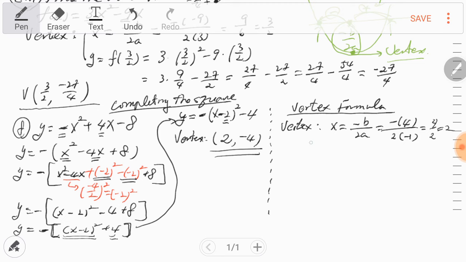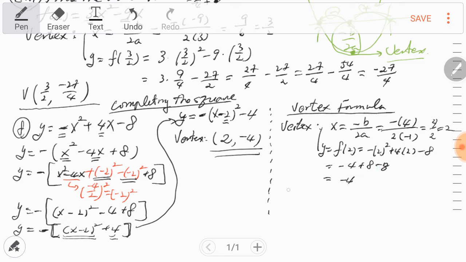So the x value is 2. How about the y value? The y value is f of 2. Then plug in 2. So negative 2 squared plus 4 times 2 minus 8 equals negative 4 plus 8 minus 8. So that is equal to 8 minus 8 cancel out, negative 4.